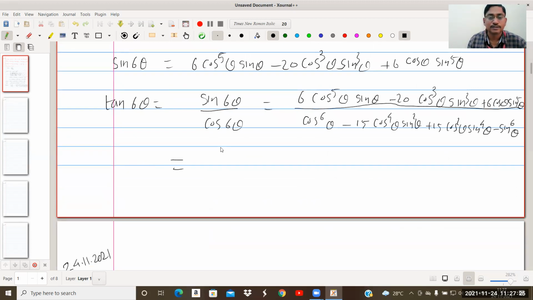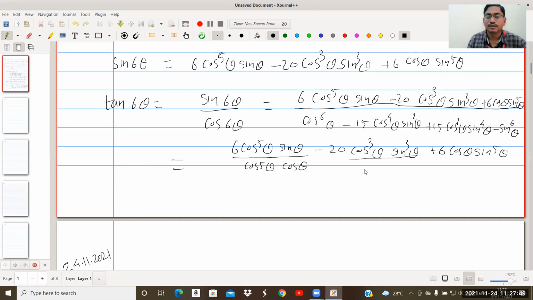So I'll write cos^5 θ into cos θ, cos^3 θ into cos^3 θ, and this is also cos^6, so I am writing this as cos θ into cos^5 θ. This is the numerator. And what is the denominator?